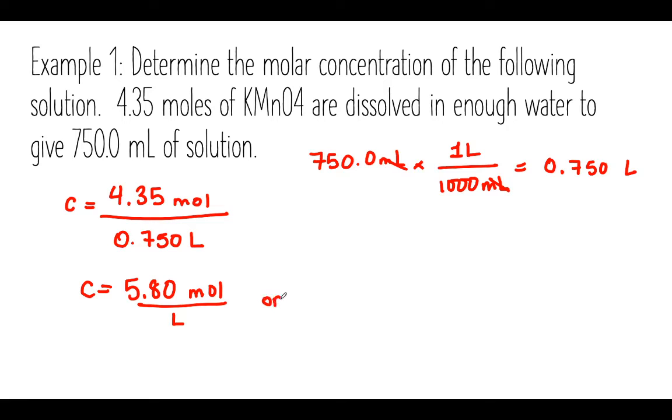Or, as I showed you earlier, you can write this as 5.80 big M. Okay, so that's how you do that first question there. Let's keep going and let's see different variations, different questions that you might be asked with regards to concentration.